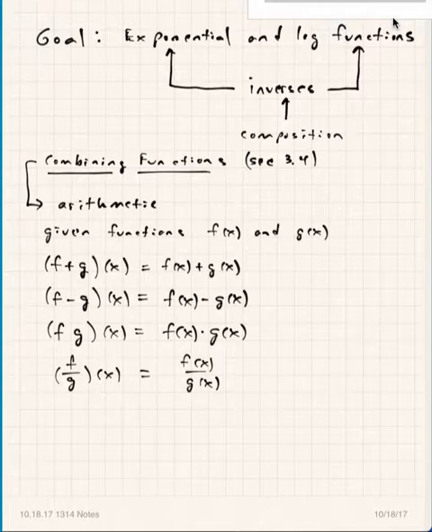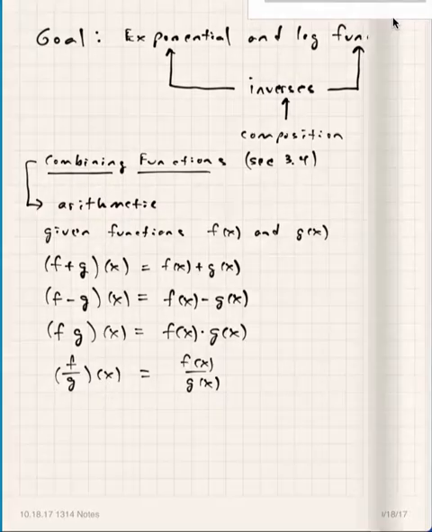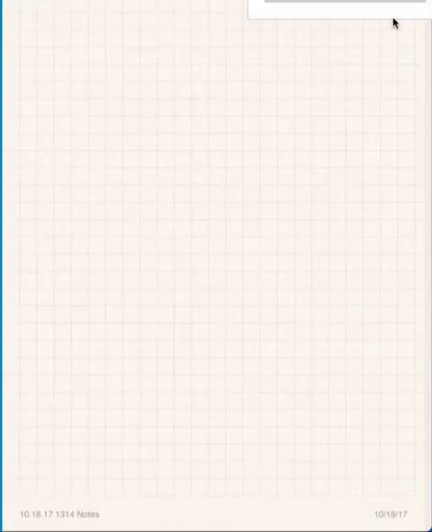Now, there are reasons why you might want to use an arithmetic operation like this and combine two functions. As an example, in business, you have a function that is called the cost function.